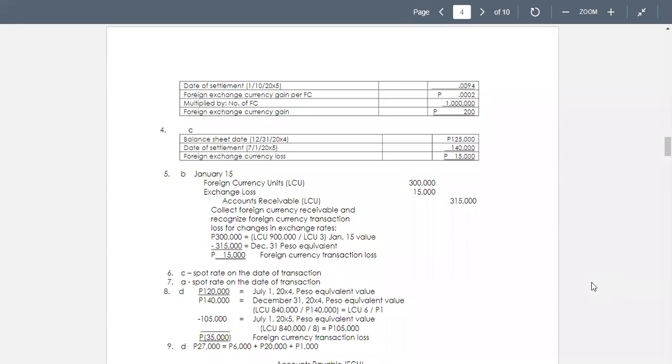Next, we go to number 8. In number 8, the question is, what amount should be included as a foreign currency transaction gain or loss on the note principal? So for problem 8, we have July 1, 20x4, the peso equivalent equal to 120,000.